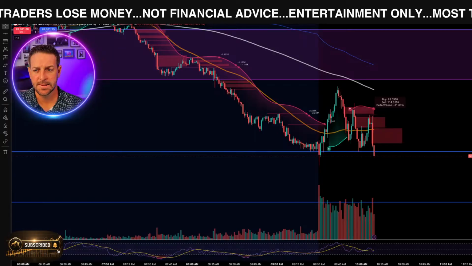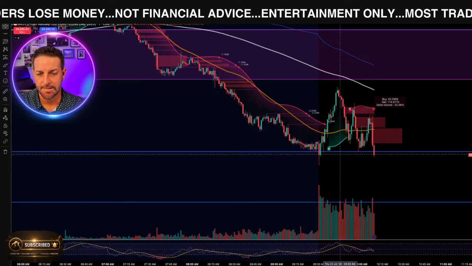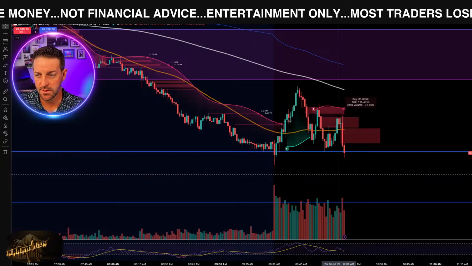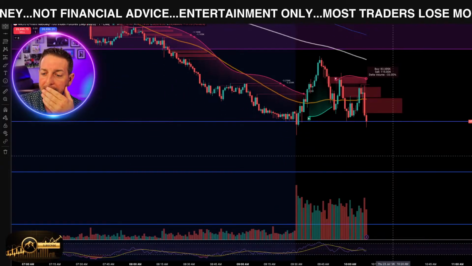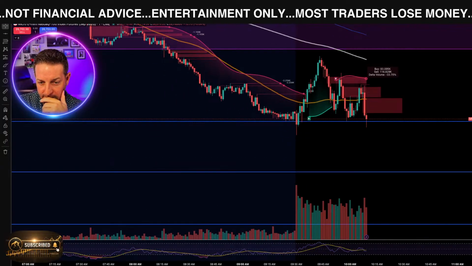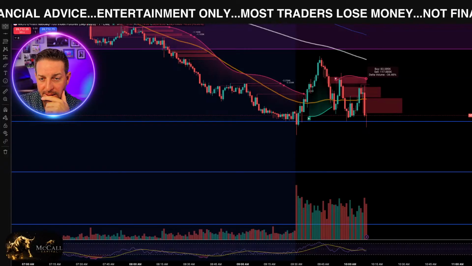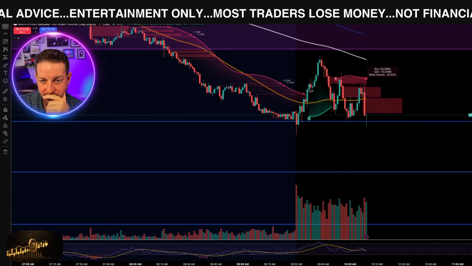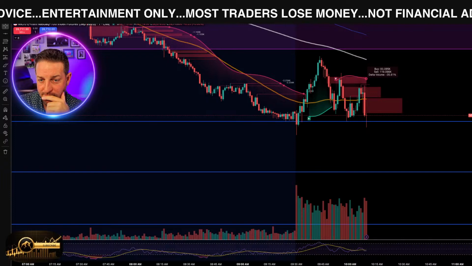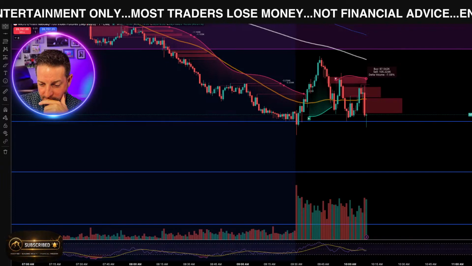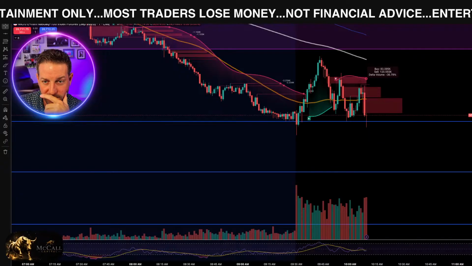Let's see here. This is either buy into a long and let it bounce or take the short. Let's see. Tempted to take the long just because we have some bouncing. There's a massive amount of red right there.